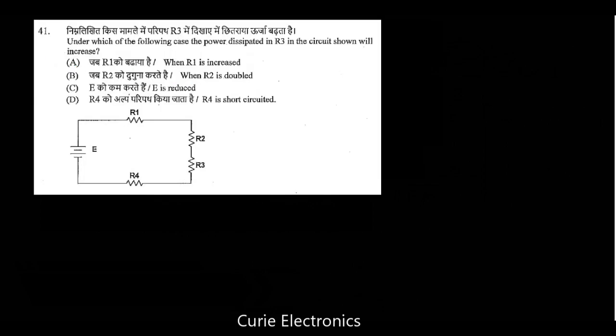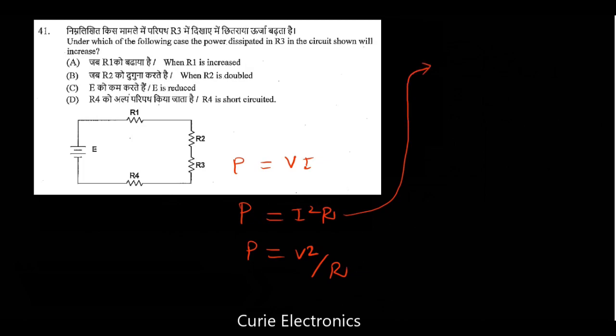Question number 41. Under which of the following case the power dissipated in R3 in the circuit shown will increase? What is power? We can write it as V into I, or power equal to I square R, or power equal to V square upon R. So for this question, this is the more suitable to compare.